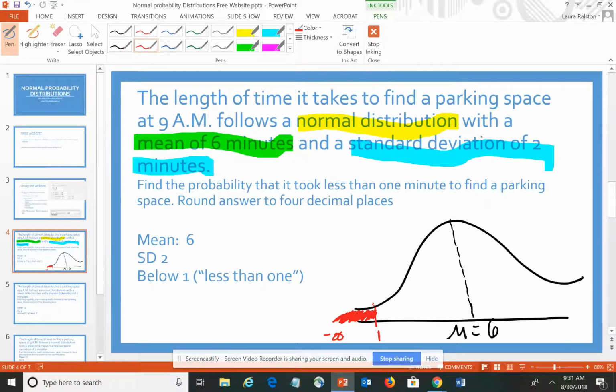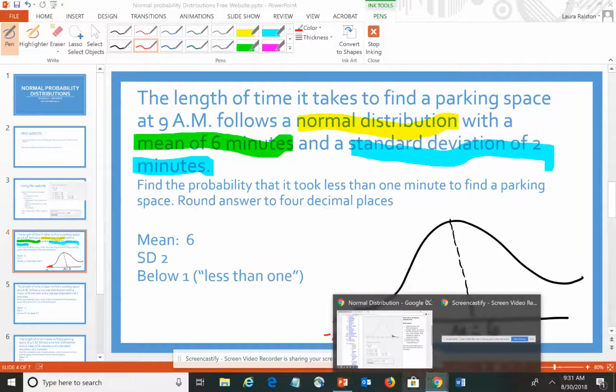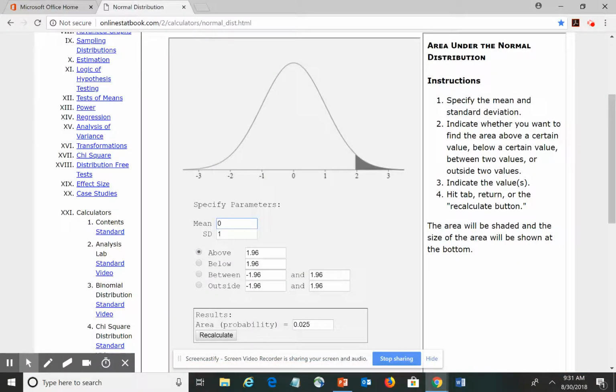Okay, so we have all the information we need. Since this is a less than, we're going to use below. So I'm going to go out to the website, and I'm going to enter the information. The mean was 6, the standard deviation was 2, and I want to do less than or below a value of 1.